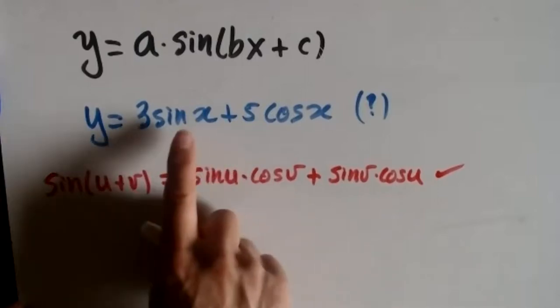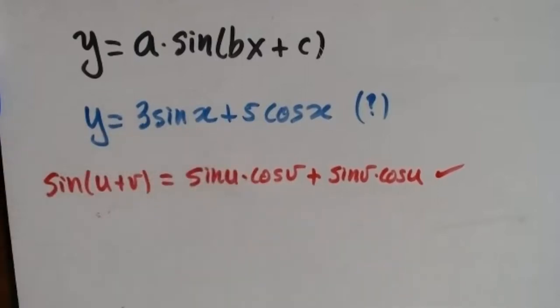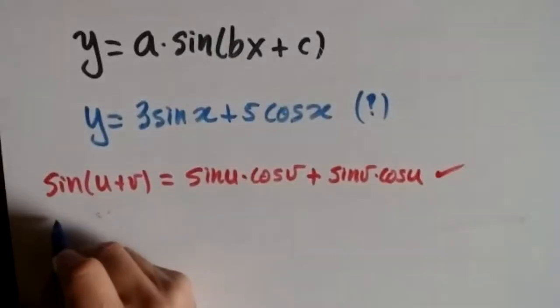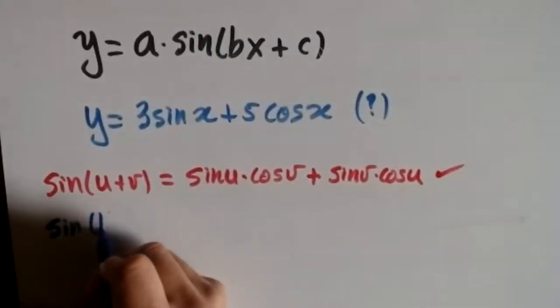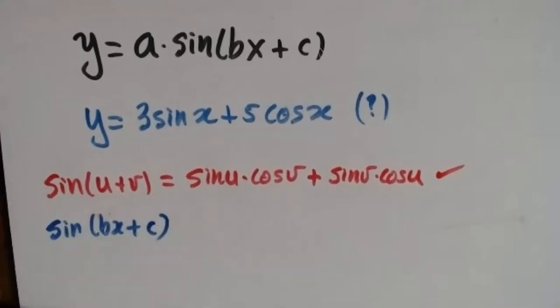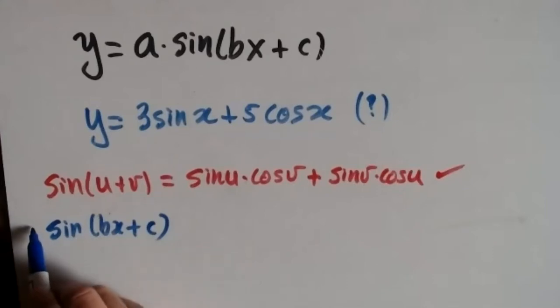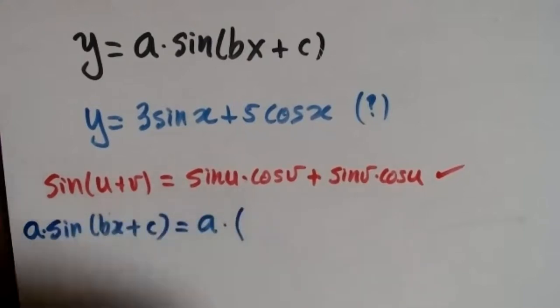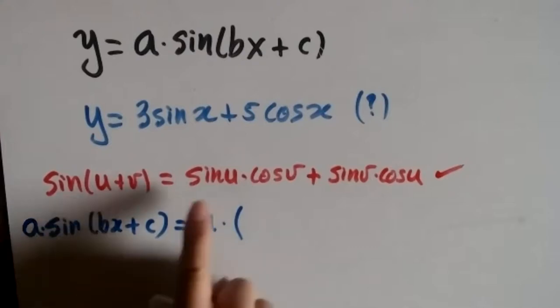Now, what I'm going to do is try to match right here. So let me change for this argument. It's going to be sine of bx plus c. So this is going to be A times parentheses, because I'm going to open this one.